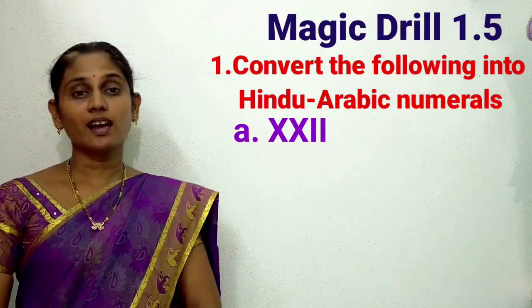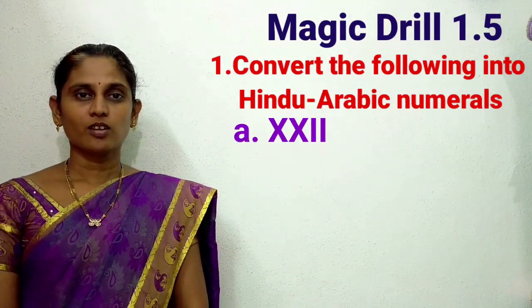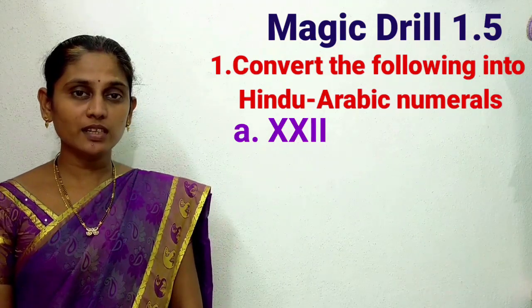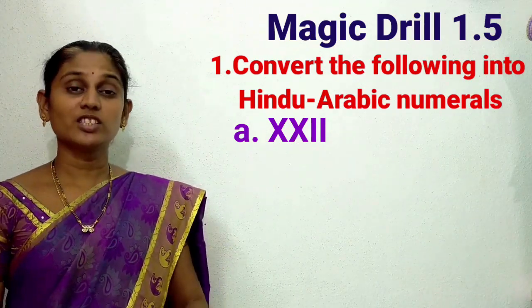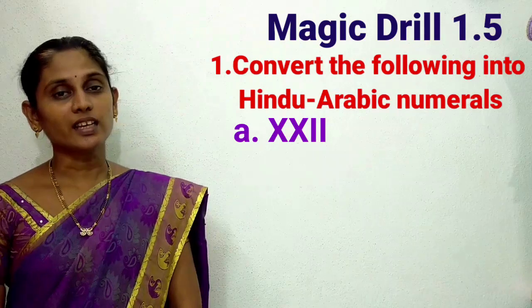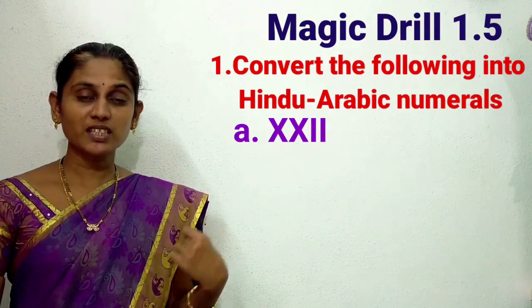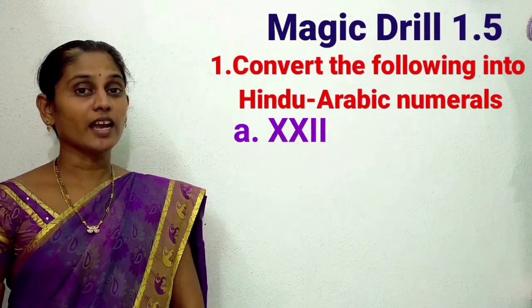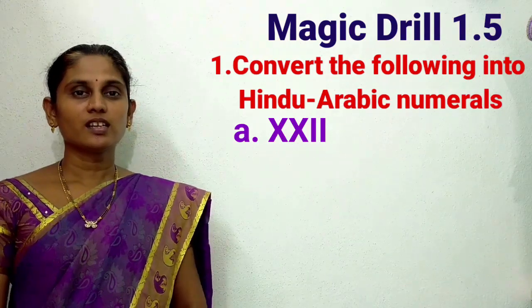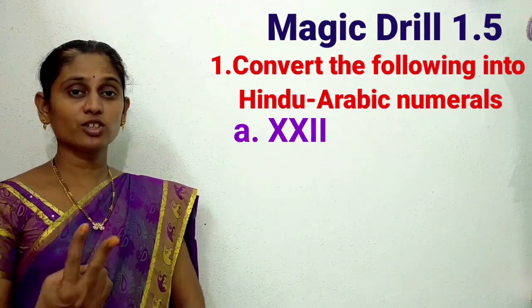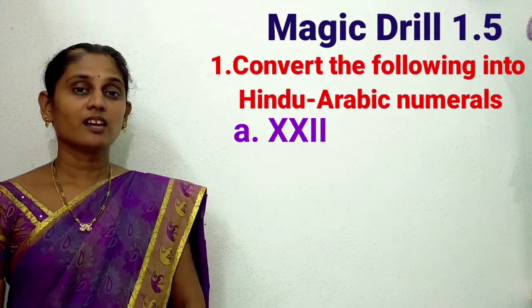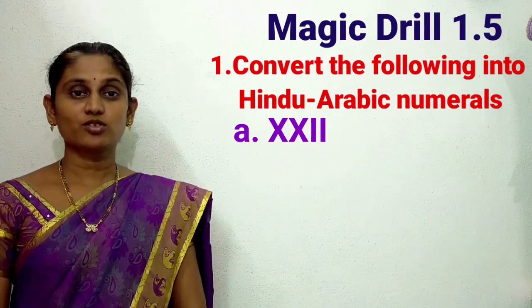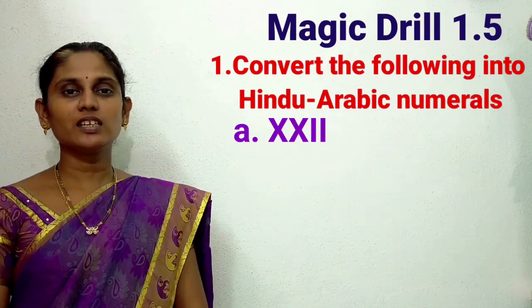X, X, I. How many basic Roman numerals are there? 7. Which numerals are here? X and I. X means 10. I for 1. See, X is repeated twice. Then 10 plus 10, together 20.